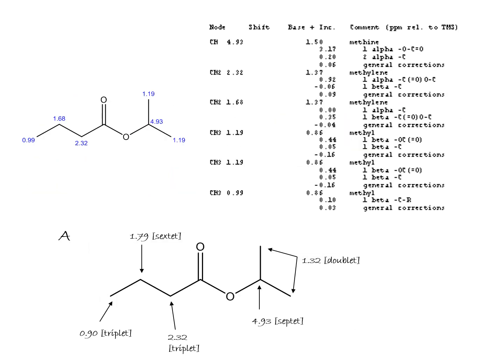The other method we mentioned before is that you draw the structure in a specific program and submit it asking for prediction of the proton NMR. Here is ChemDraw, which showed the methane at 4.92, and this is how the program makes the calculations: 1 alpha OC double bond O, 2 alpha carbon, and general corrections.